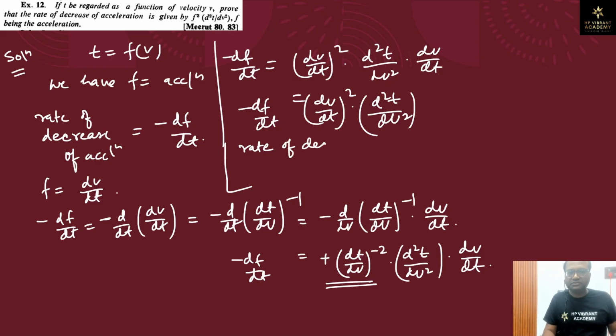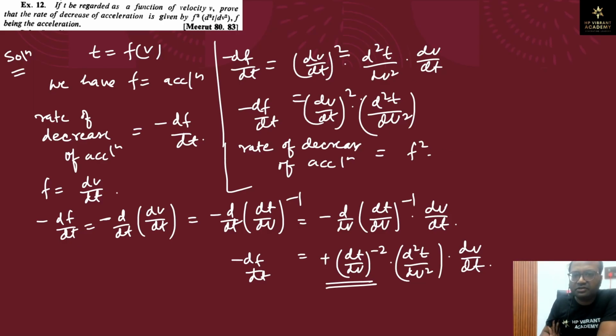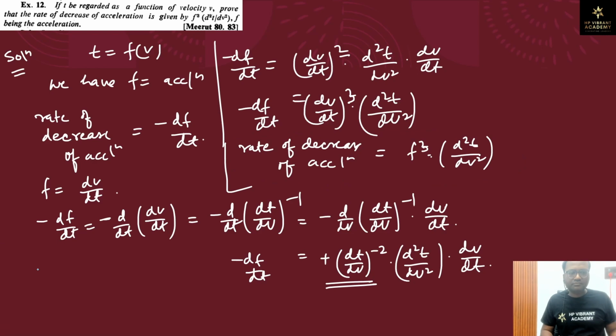Here dv upon dt is the acceleration f, so (dv upon dt) square into dv upon dt is f cube. This is f cube into d2t upon dv square. So the rate of decrease of acceleration is given by f cube into d2t upon dv square, which is what is being asked in the question.